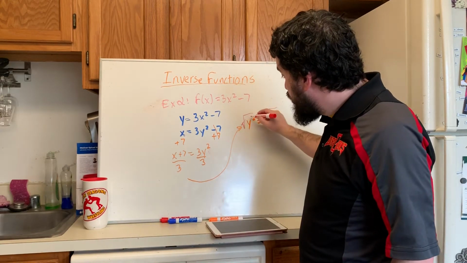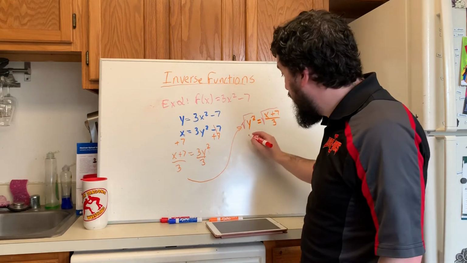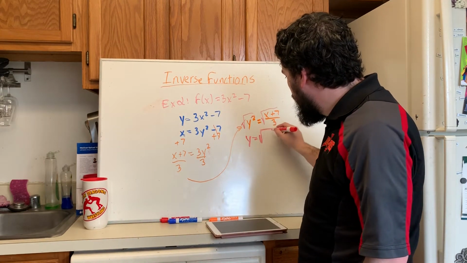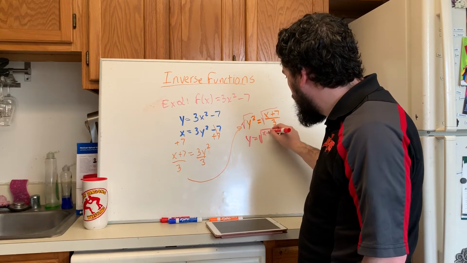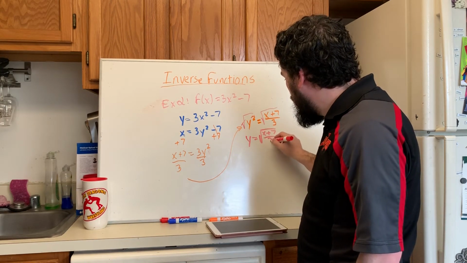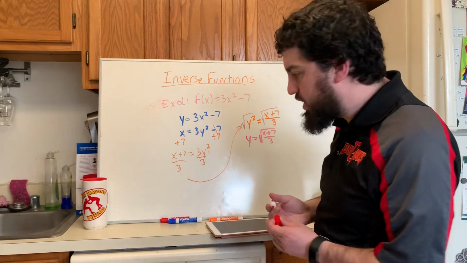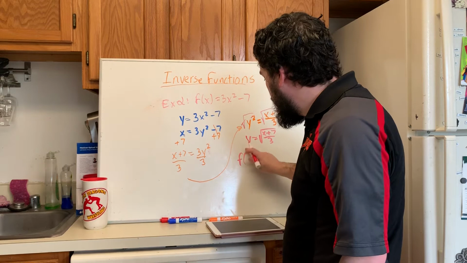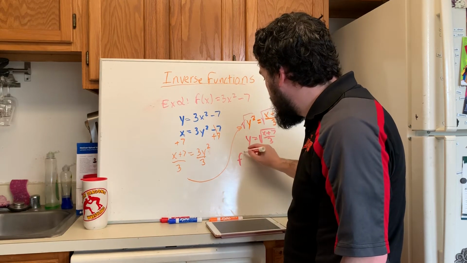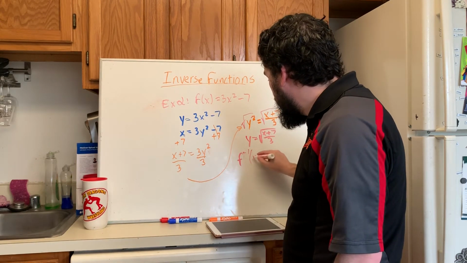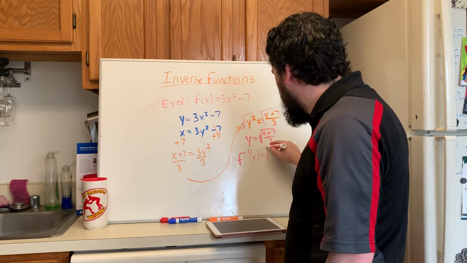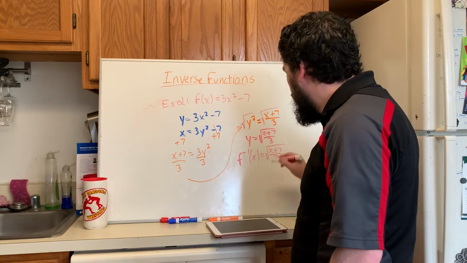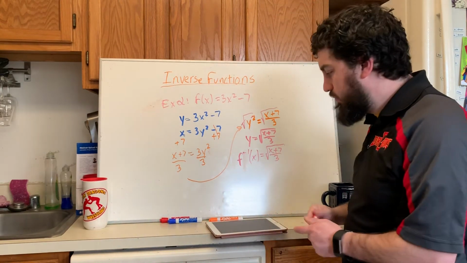But the squared and the square root cancel out and leave us with the square root of this whole thing. So I want all of this inside that square root. So my f inverse of x is equal to the square root of x plus 7 all over 3.